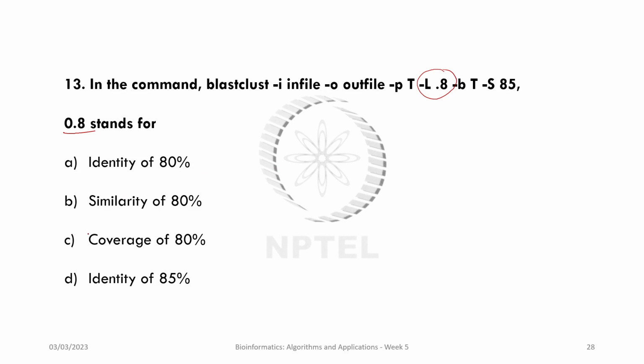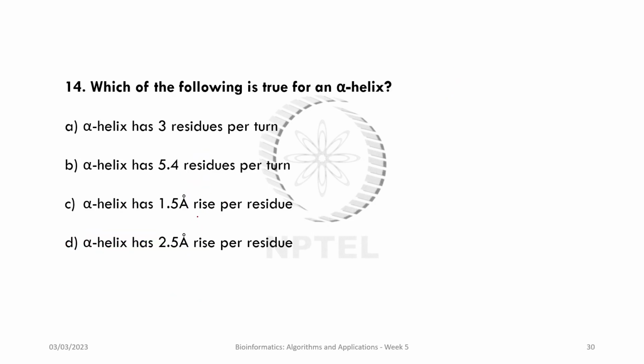Everybody agrees with Akriti, Filza, Venkatesh, Mantashri. So when we are talking about the length of coverage here, and not similarity, not identity. Actually, identity is the 85. So 0.8 is not for similarity or identity. Option C is the right answer.